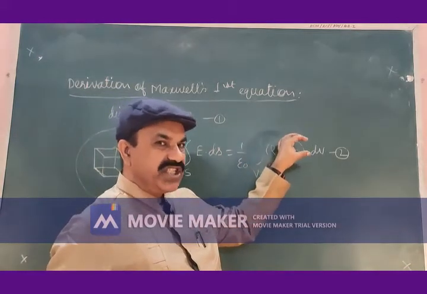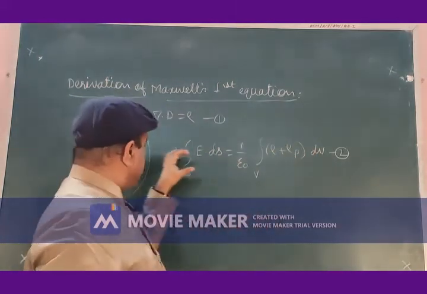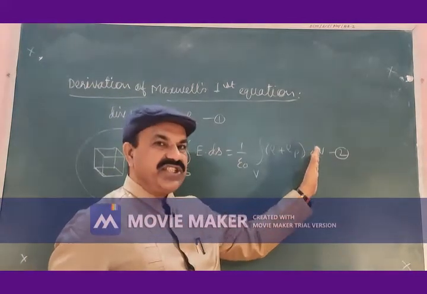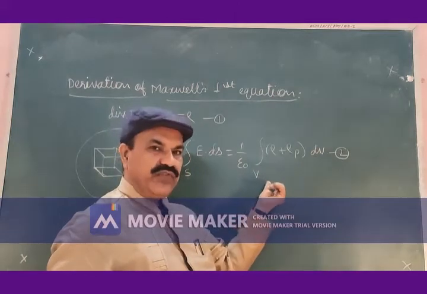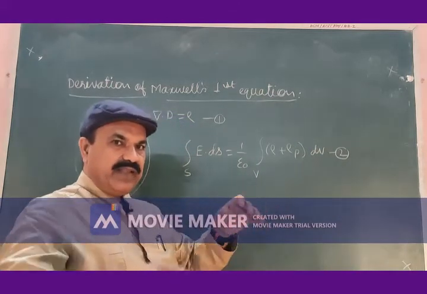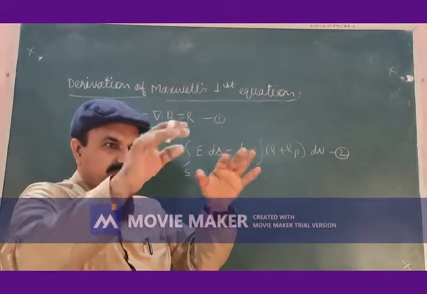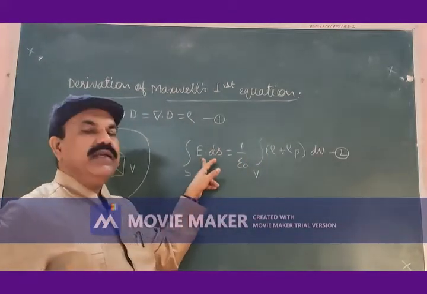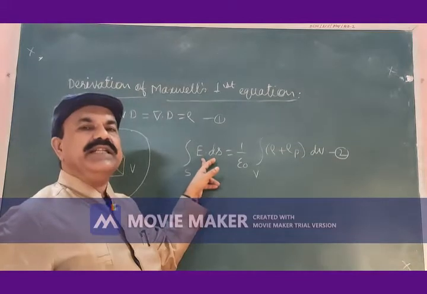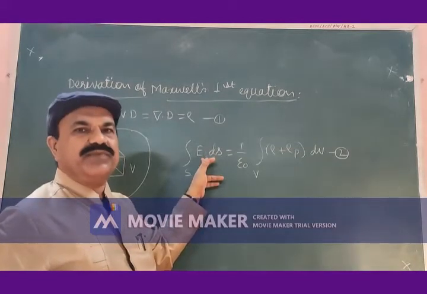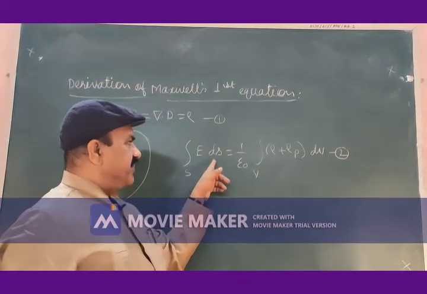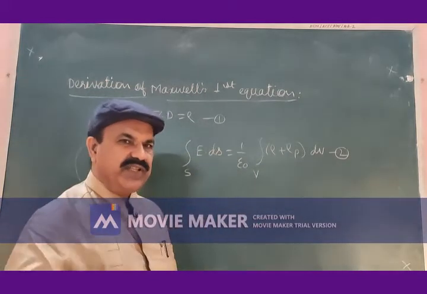Because of these stationary charges inside the volume V, on the surface S, electric field intensity E gets developed. What is written in this mathematical equation? ds is taken as the smallest surface element.